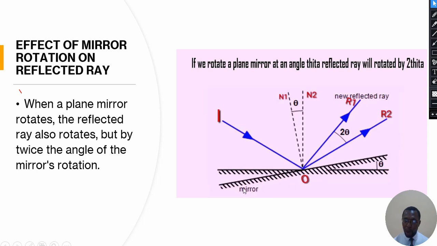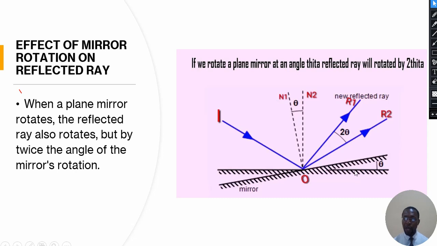Okay, and now when you rotate it at an angle theta here, then the reflected ray, which is R1, will turn at 2 times the angle at which the mirror rotates.